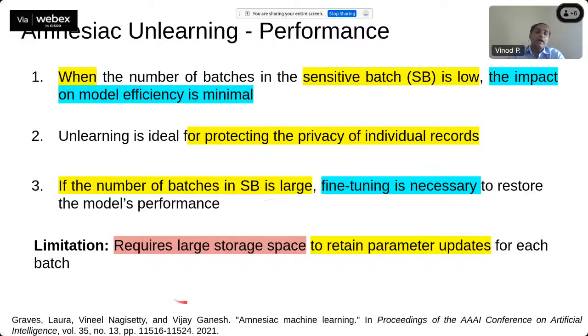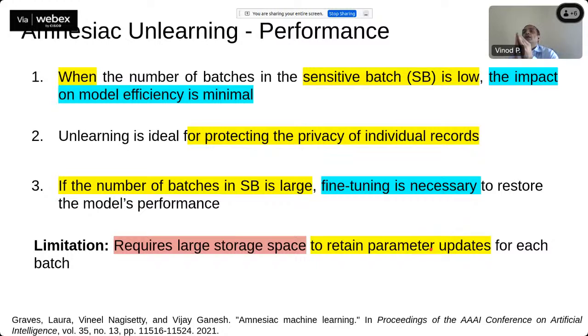So what is the drawback? It also requires some storage. So there is extra storage. If I want to unlearn, there is a trade-off. I would need some extra storage to maintain the knowledge of the sensitive batches and the parameters corresponding to the sensitive batches.